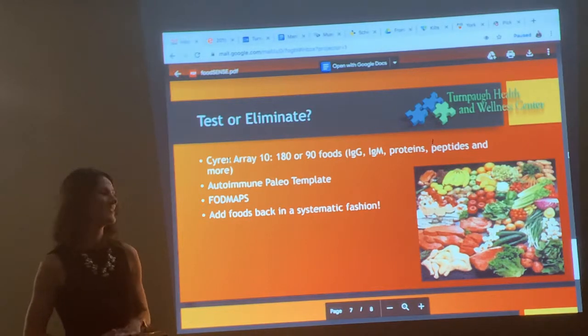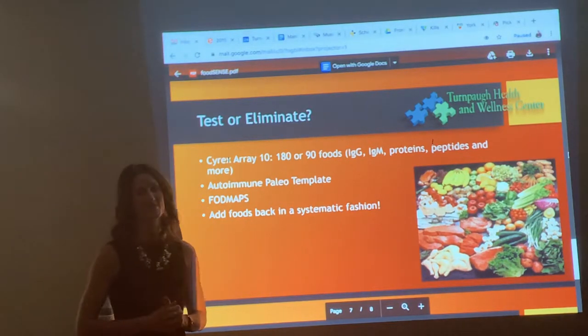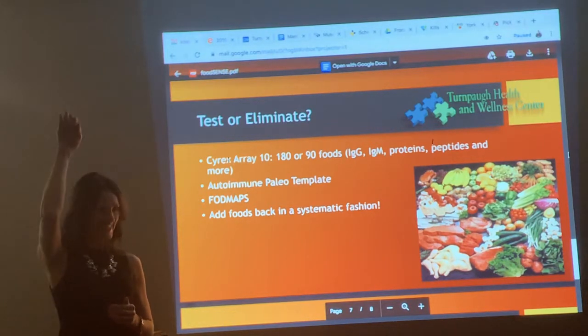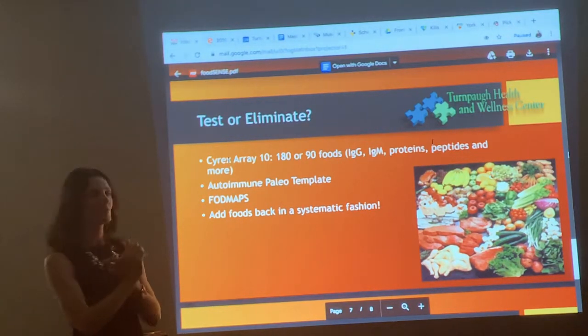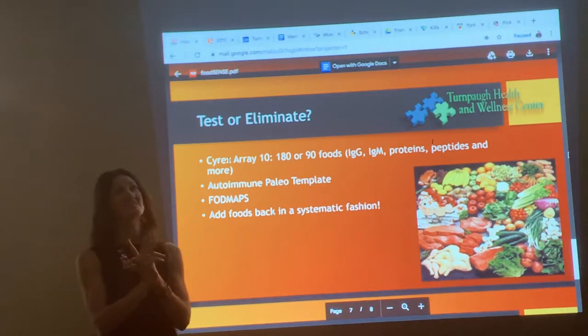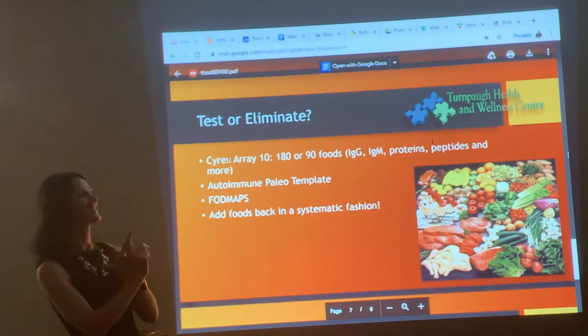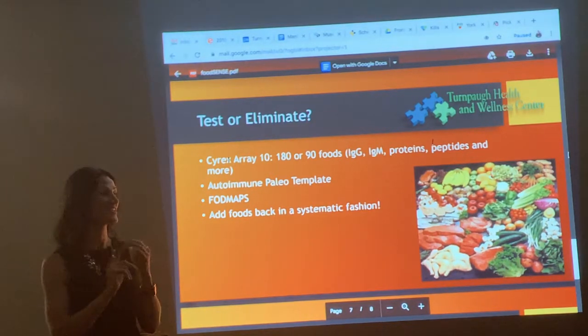Okay? So we also listed FODMAPs. Have you heard of FODMAPs? Yep. So I'm going to do my best here. They stand for fermentable oligosaccharides, disaccharides, monosaccharides, and polyols.